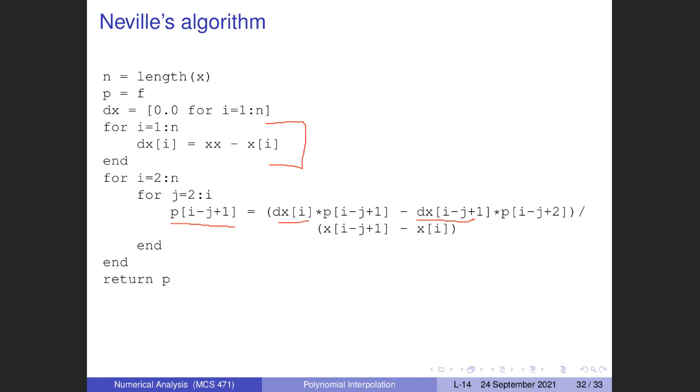So here you see the storing of the result. And the result, the P, is not now a polynomial, but it means that we have the consecutive, hopefully more accurate values for the interpolated data at more and more points.